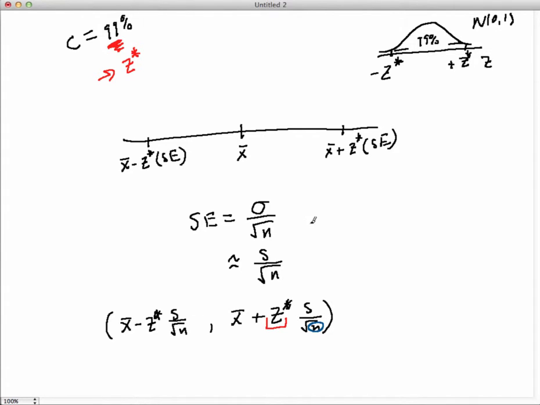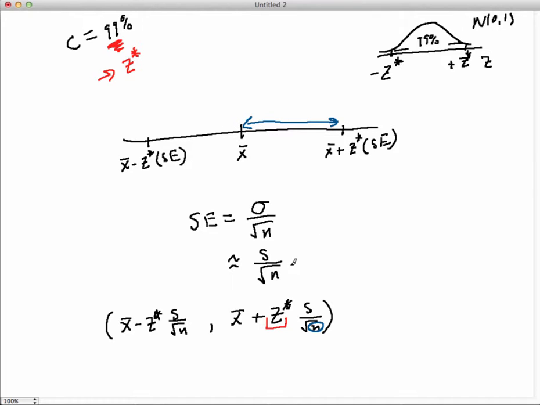So notice that if we increase our sample size, what's going to happen to the standard error? In other words, n and z star are the two things that we have control over, giving us the levers and the pulleys, so to speak, to adjust this width here, between x bar and the endpoints of the interval.